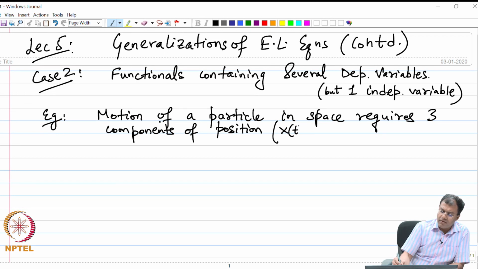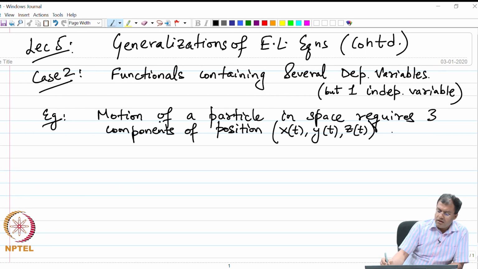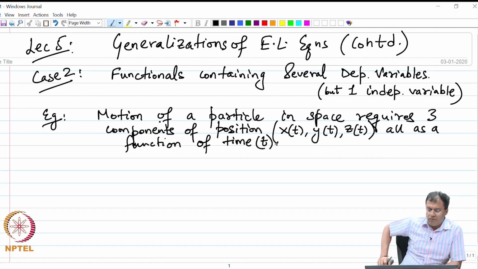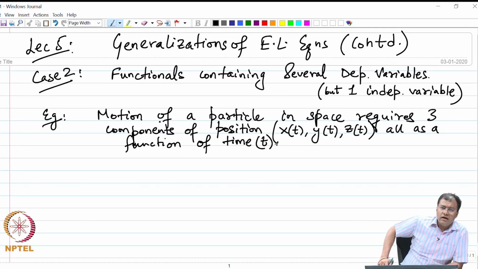Let us say they are given by x of t, y of t and z of t, which are the three components, all as a function of time t, right. So, this is one such case where we have three dependent variables x, y, z, and they are all functions of the independent variable, which is the time in our case. And we are going to see that this also follows the standard case of the Beltrami identity, the example that I have just mentioned. Okay.